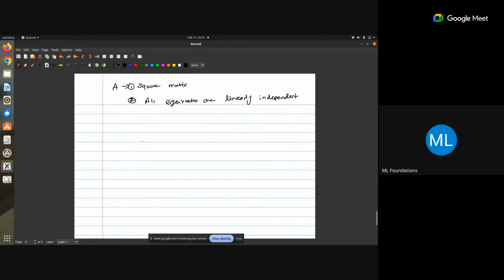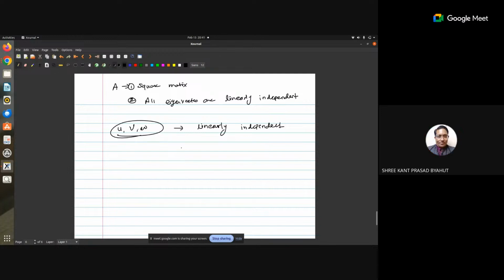What do you mean by linearly independent eigenvectors? Suppose you have u, v, and w as eigenvectors. When I say that u, v, and w are linearly independent, what is the definition?